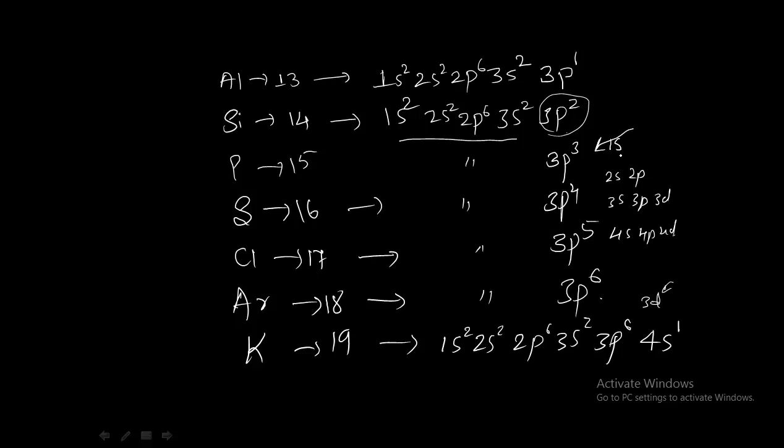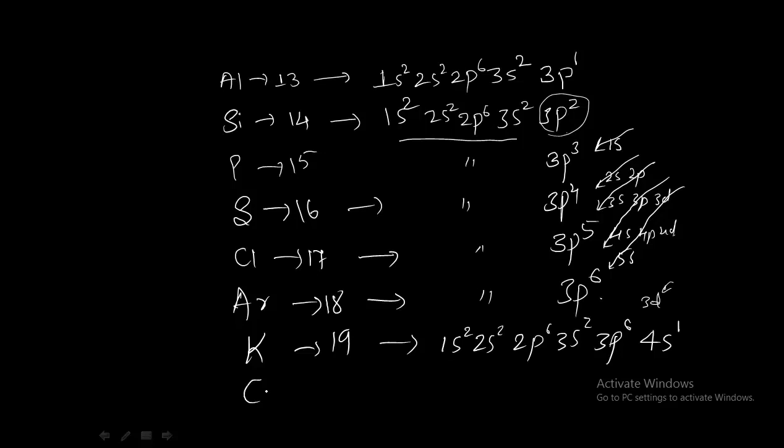So the first electron will fill up in 1s, then 2s, then 2p, 3s, then 3p. After 3p, where does it go? 4s. After 4s, we will fill up in 3d, 4p and 5s. So you have to remember this. Based on this, we can fill up the electrons and write the electronic configuration.